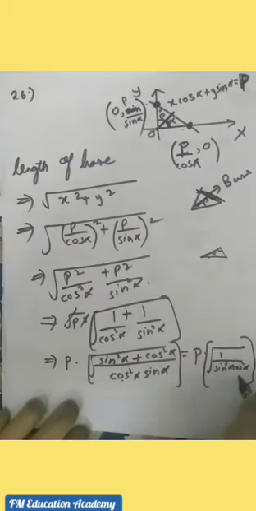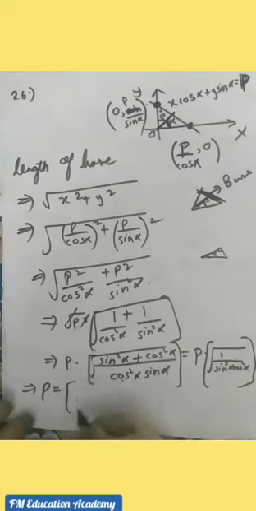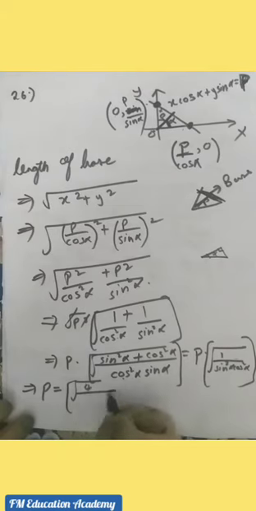What we can do here is multiply and divide with 4 in both numerator and denominator. So what will it become? P into root 4 by 4 sin square alpha into cos square alpha.